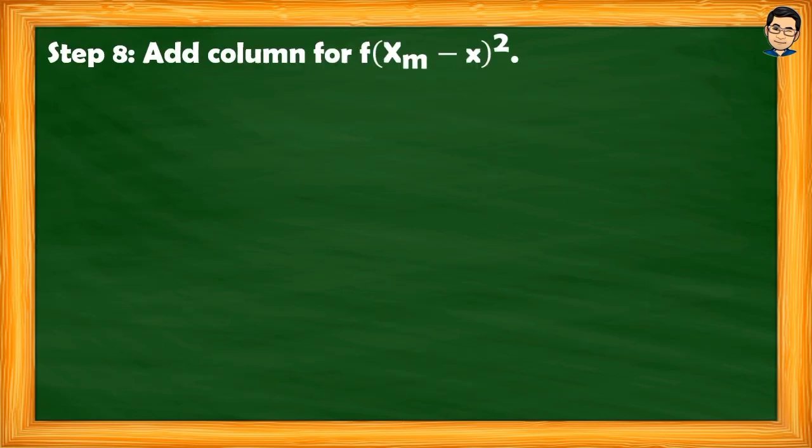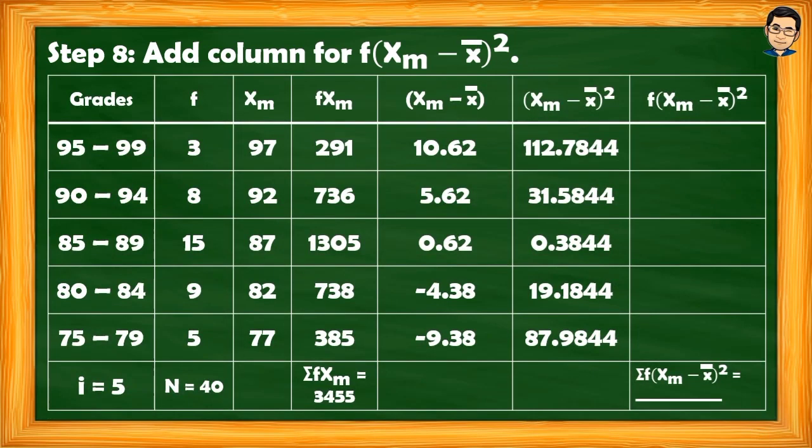Step number 8. So, add column for the product of the square deviation and frequency. So, yan na usually yung last step natin sa table. Kasi yung kasunod na steps, 9 and 10, kukompute na natin yung variance and standard deviation. So, ayan. So, yung frequency natin na 3, multiply natin sa 112.7844. So, 3 times 112.7844 will have 338.3532.